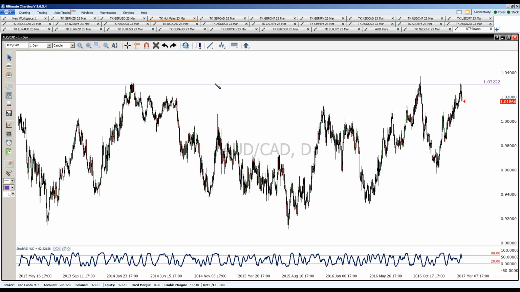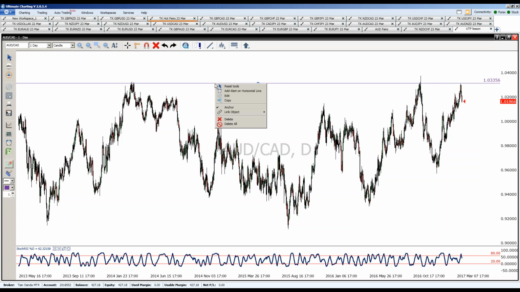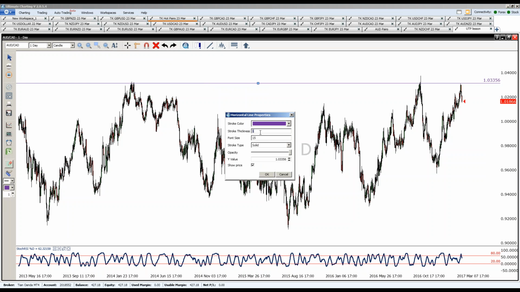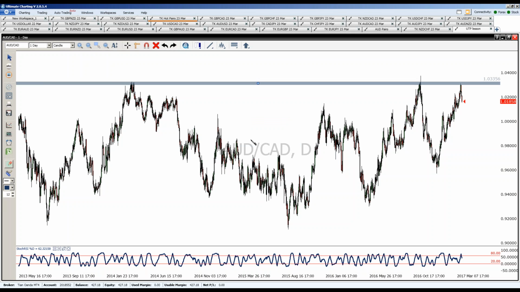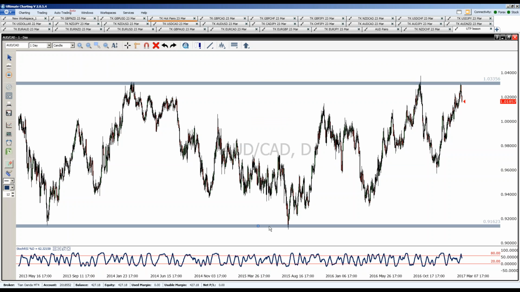and mark the high of this consolidation. And then mark the low. There's the low.